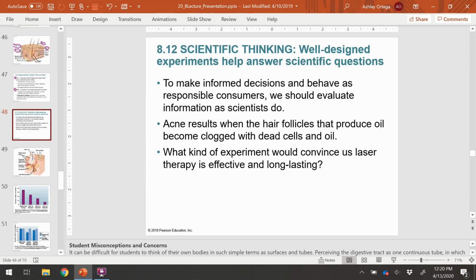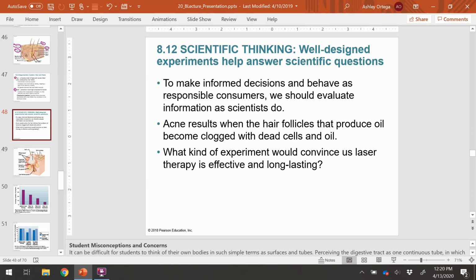Alrighty. In terms of scientific thinking and scientific questions for the skin, you might think about acne and how that forms. Well, it results when hair follicles that also have oil glands become clogged with dead cells and oil, and that is going to alert the immune system that this needs to be destroyed.